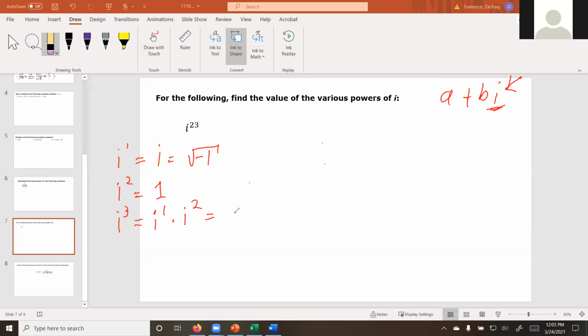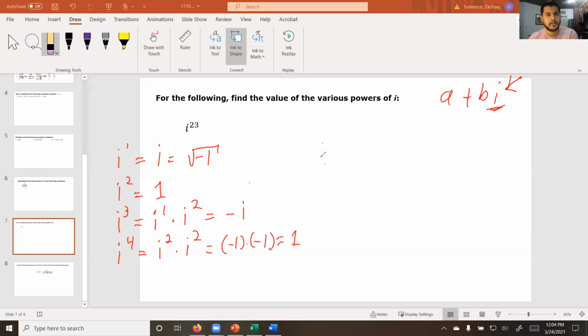Well, i squared is -1, so this is just negative i. -1 times i is negative i. i to the 4th is equal to i squared times i squared, which is -1 times -1, which is just 1.